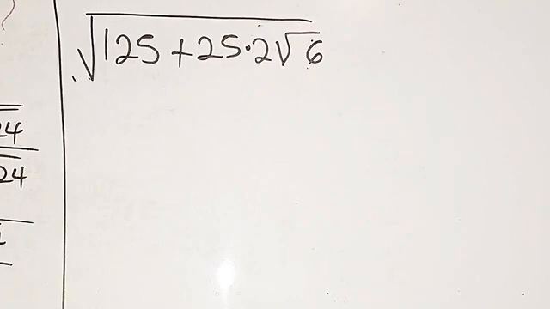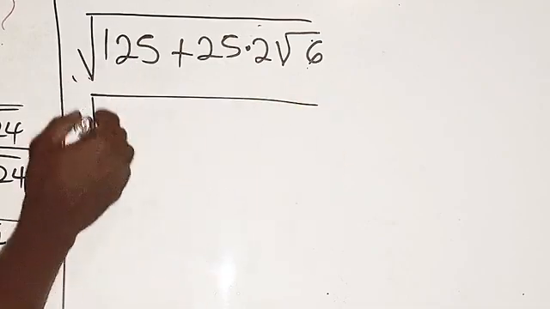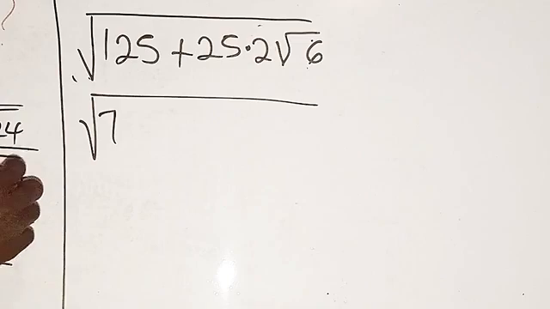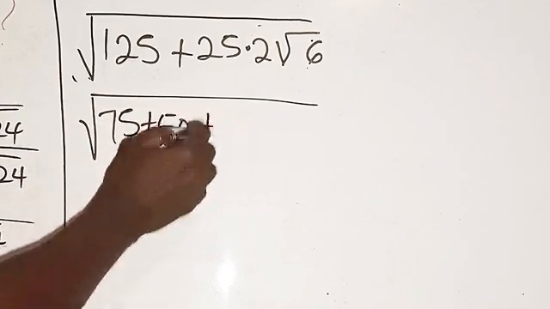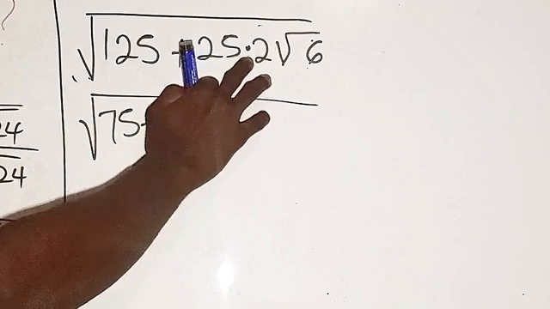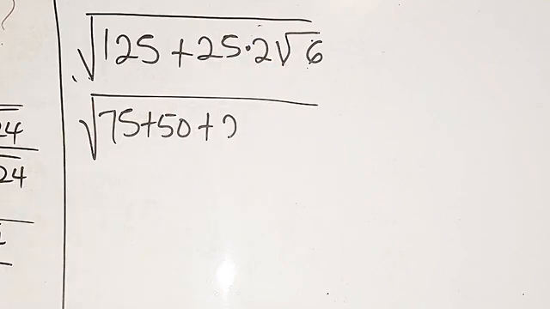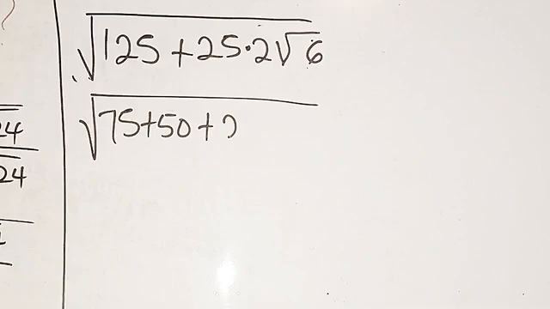Right? So from there, the next thing we are going to do is that I'm going to rearrange this as 75 plus 50, then plus 25. This 25, you have 25 points, that is dot 2. So I want to take this 25 back to the root.